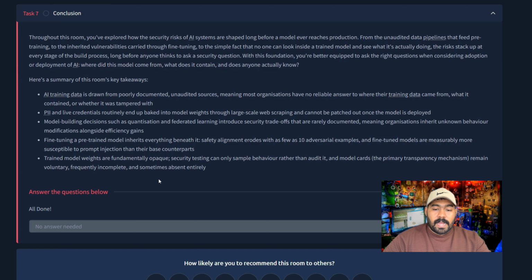The risks stack up at every stage of the build process, long before anyone thinks to ask a security question. That's the whole point of this room. AI security doesn't start at deployment, it starts at the data pipeline.